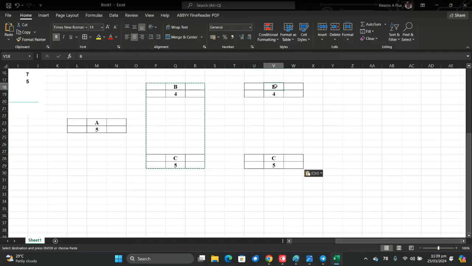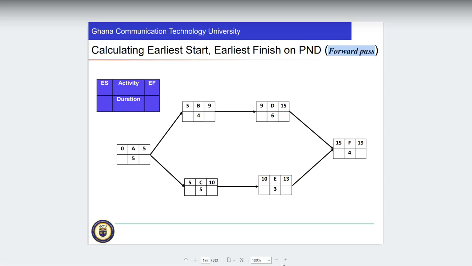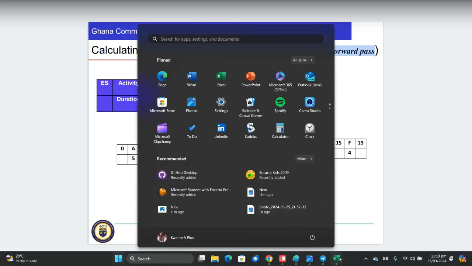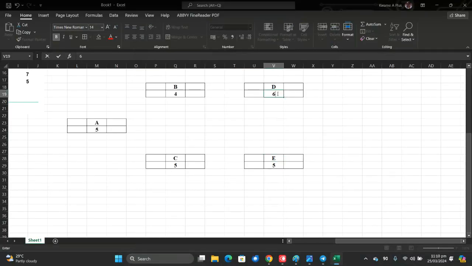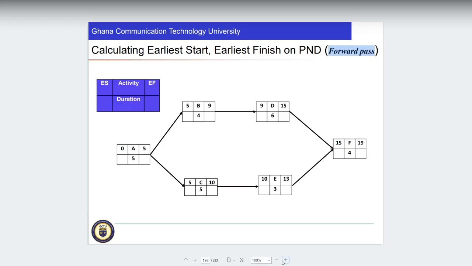This is D. This is E. So 6 and 3. I think the last one somewhere here, which is F is 4.